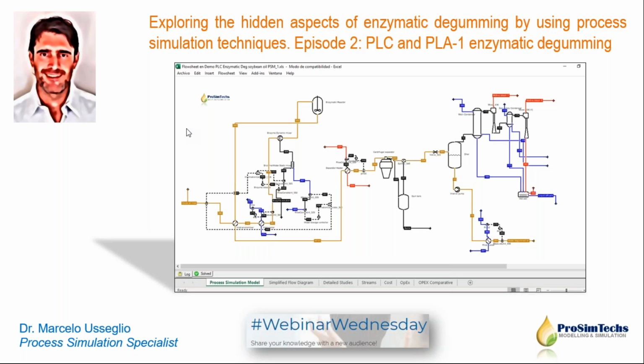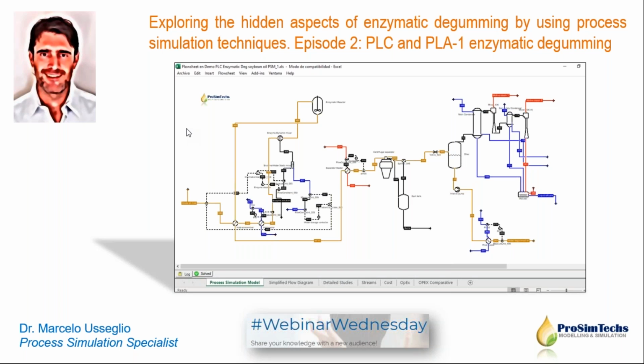And then I'm going to explain how my process simulation models are used through two case studies. One is a PLC assisted water degumming, and the second one a PLA1 assisted acid degumming.